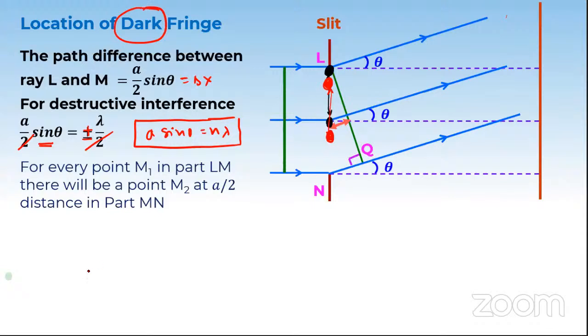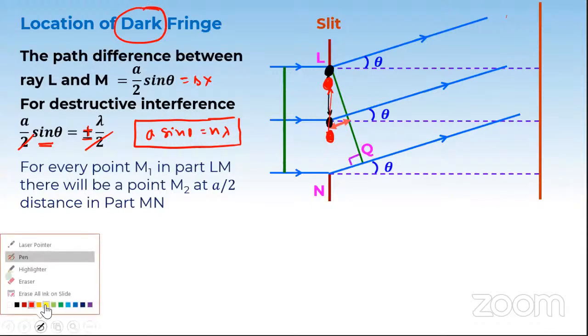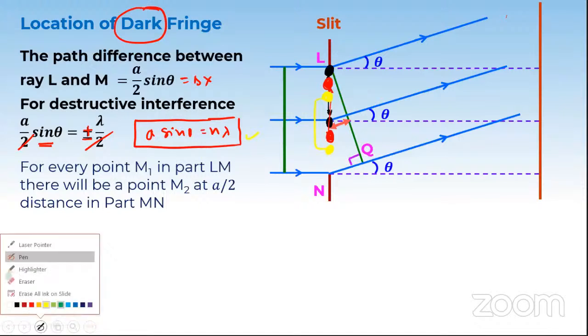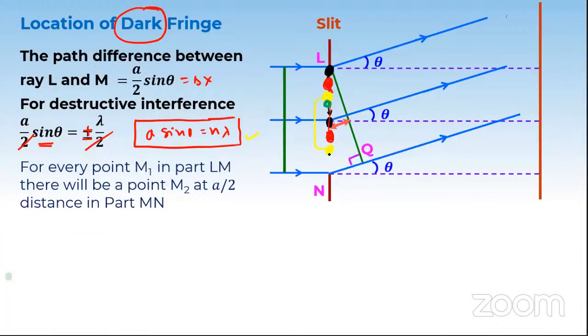So nothing comes again from these red color points also. Again, I'll choose one more point here and one more point here, which are a distance of a by 2. They satisfy this condition, they cancel out. I won't get any fringes, right? Similarly, I'll choose one more point here and one more point here. They'll again meet at a distance of a by 2, they cancel out. And lastly, I'll choose this point here and this point here, which are again a distance of a by 2.